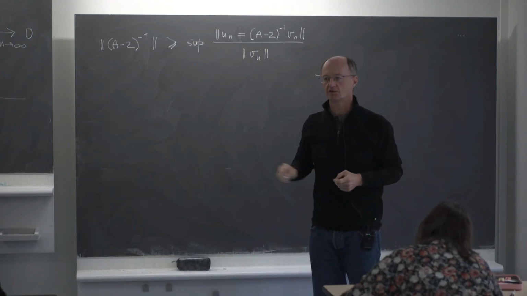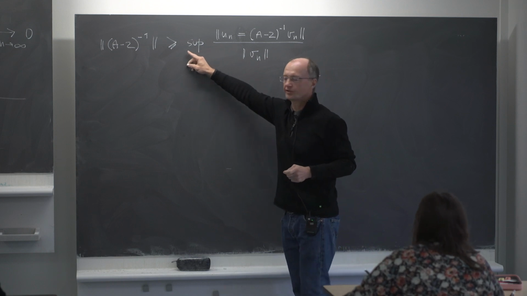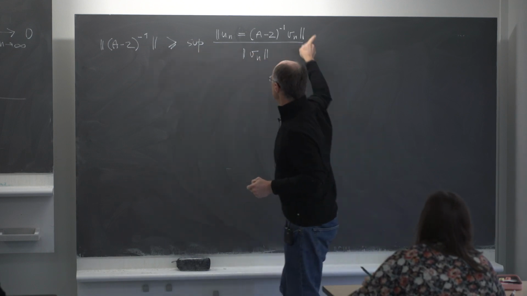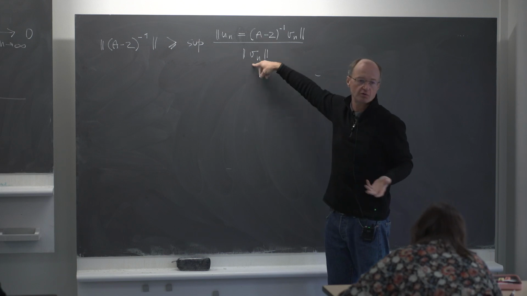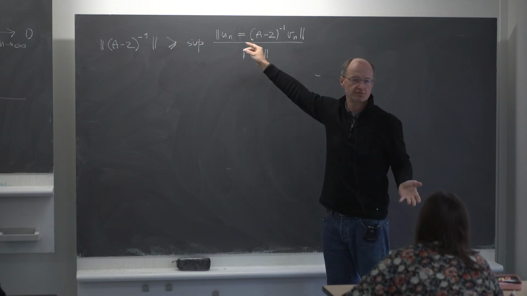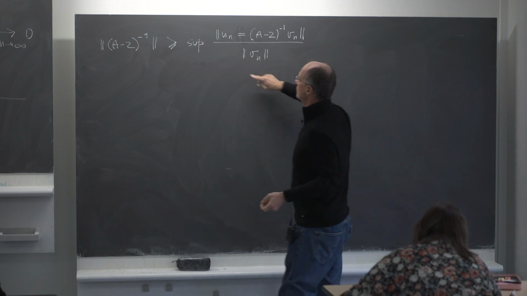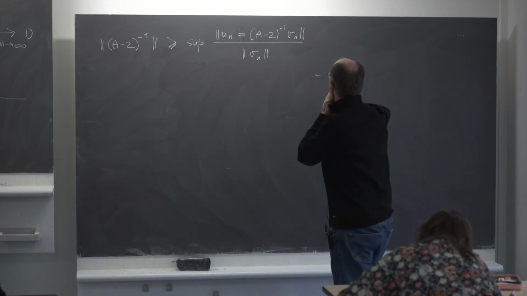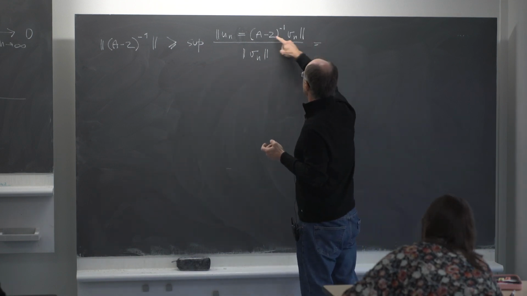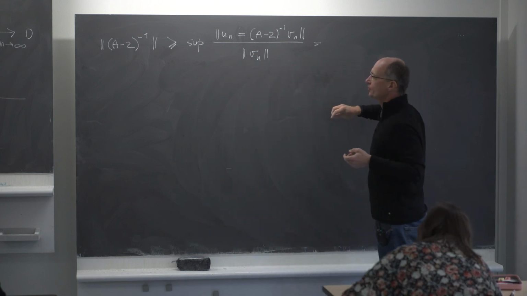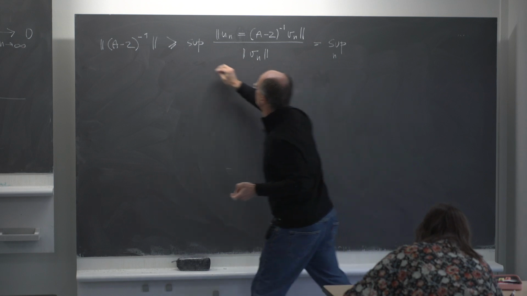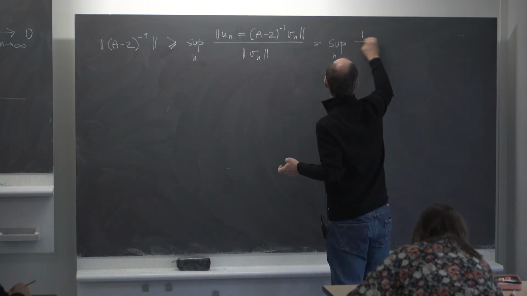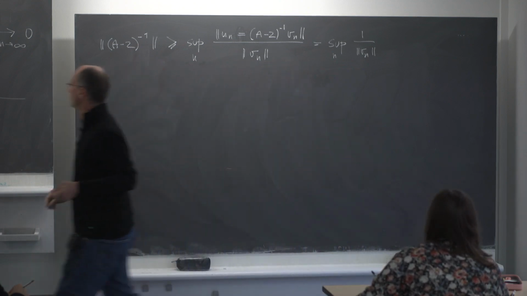divided by the norm of v_n, right? So the norm is the supremum of all those things for all v_n, but now we just choose this sequence, right? So this is a bound from below on the norm, and the norm of that guy in the numerator is 1. So it's the supremum over n of 1 over the norm of v_n.